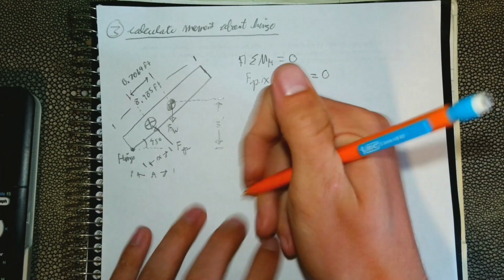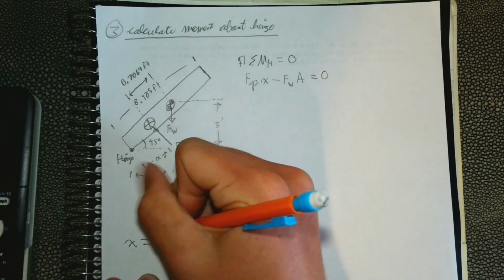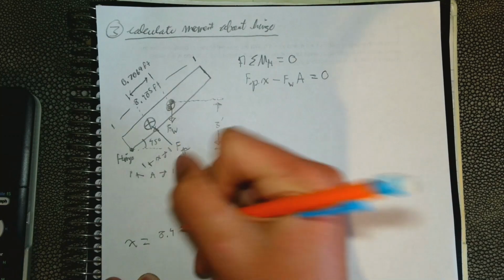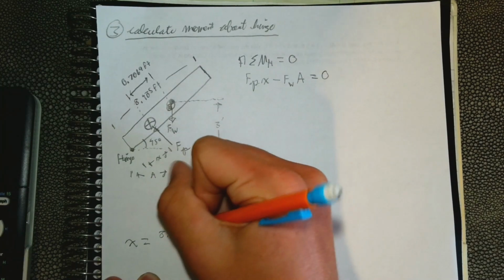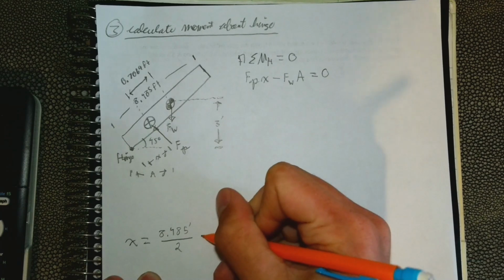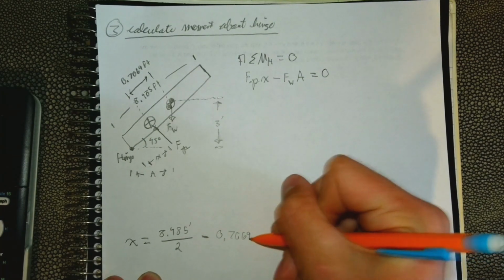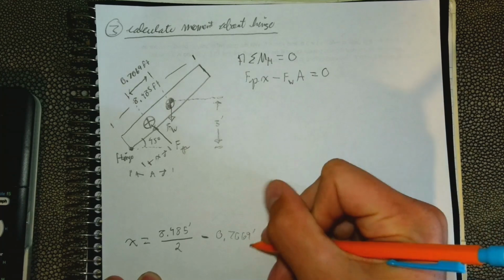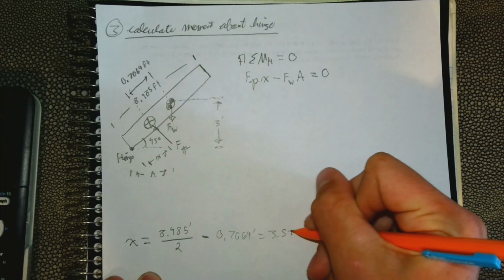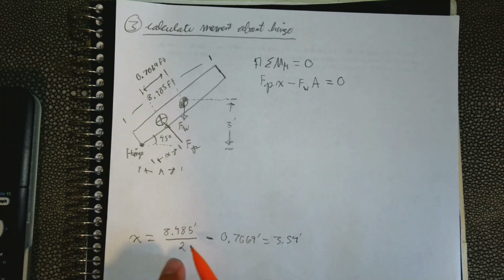X, I'll write it down here. X is going to equal the length of the gate divided by 2 minus the distance between the center of pressure and centroid.